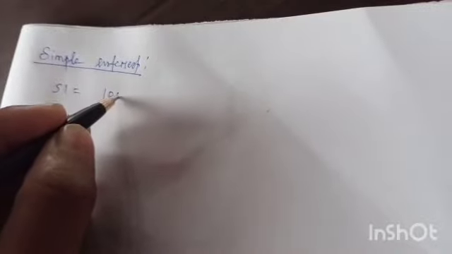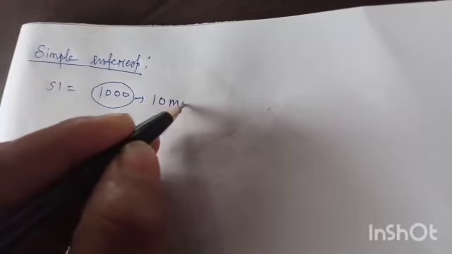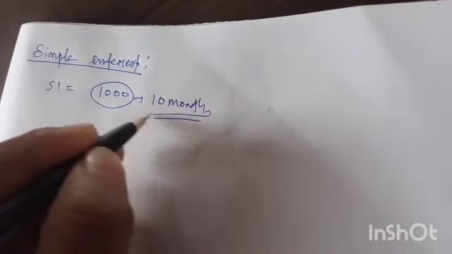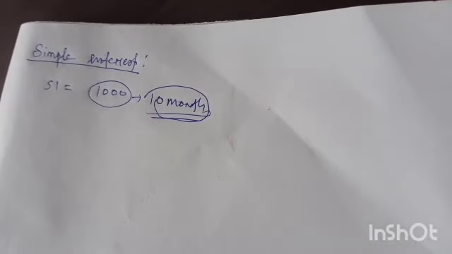Suppose we give 1000 rupees, and we take interest monthly or yearly at 5%. On this principal, this 1000, and for however many years or months we gave it. Suppose we are giving this for 10 months, then we will count the interest only for these 10 months. So this is known as simple interest.